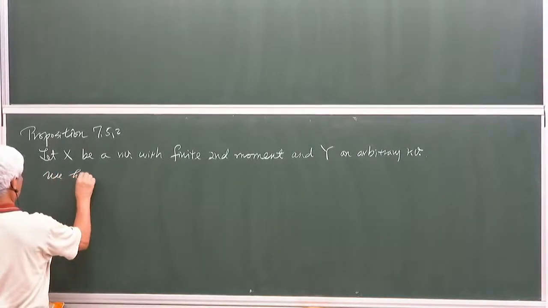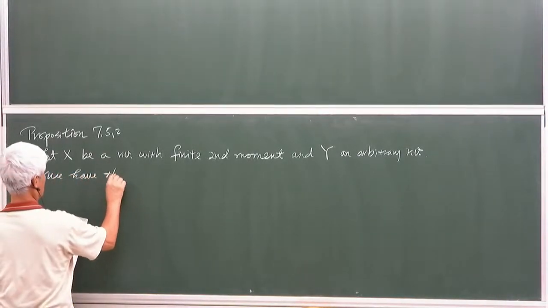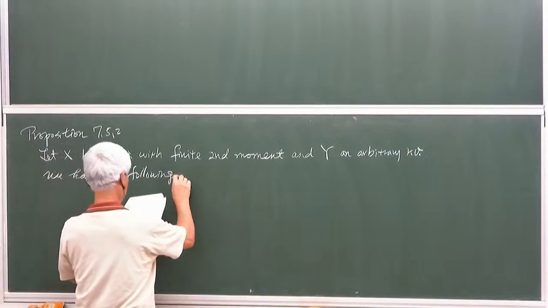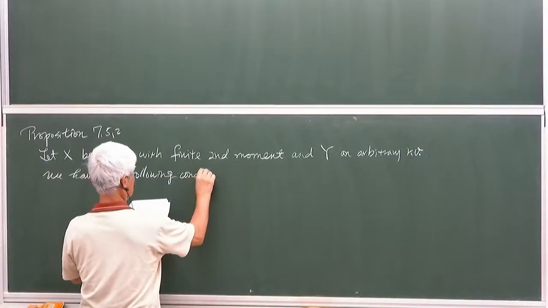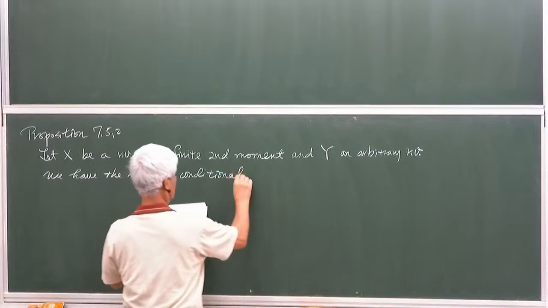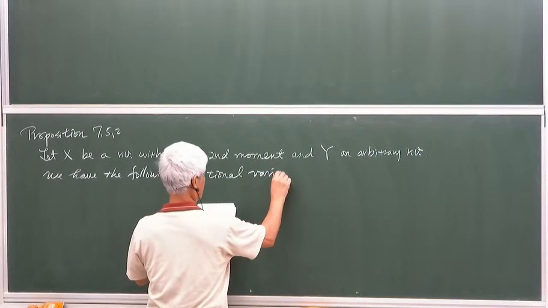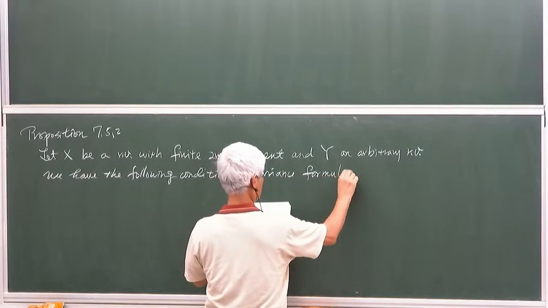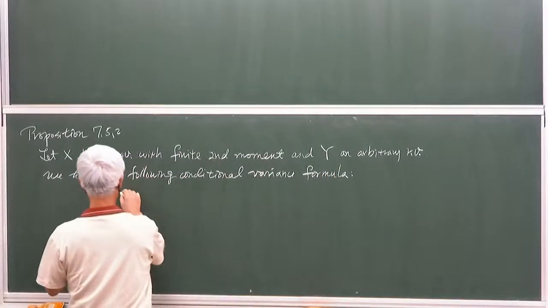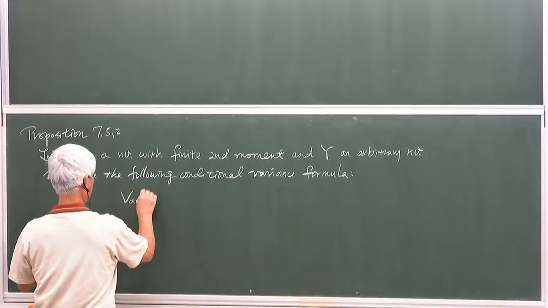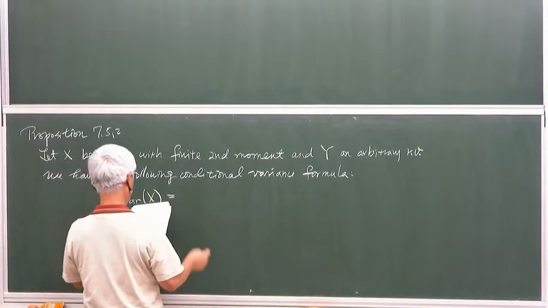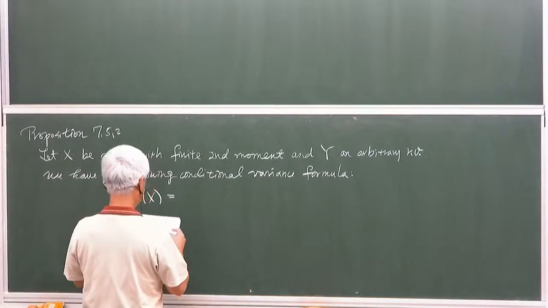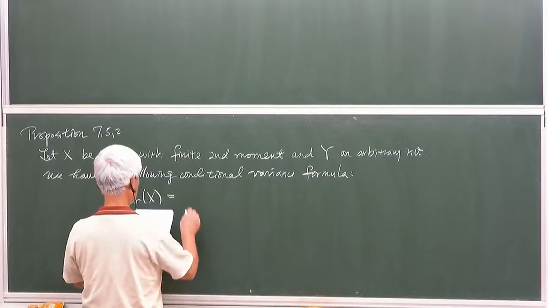Then we have the following conditional variance formula, which says that the variance of X can be computed as a sum of two terms.